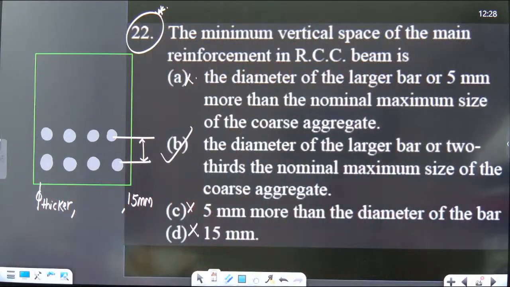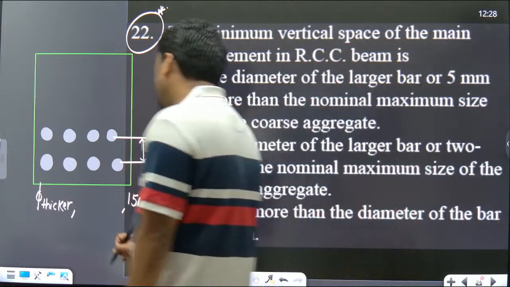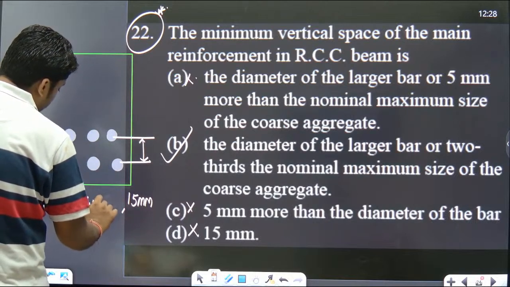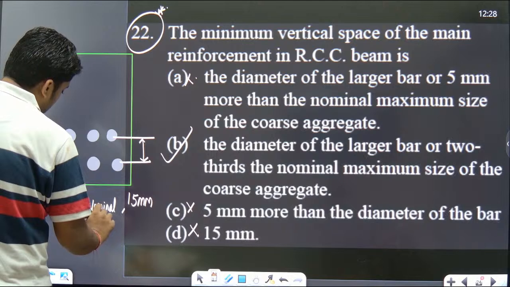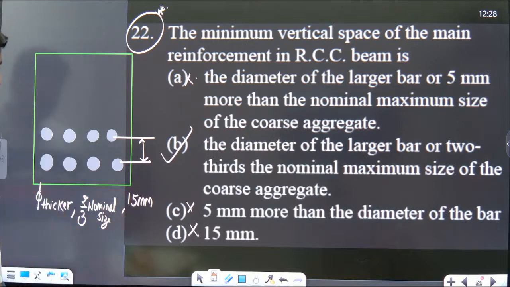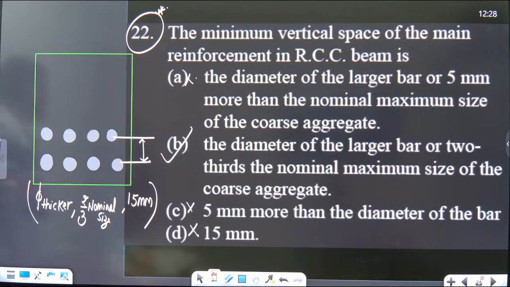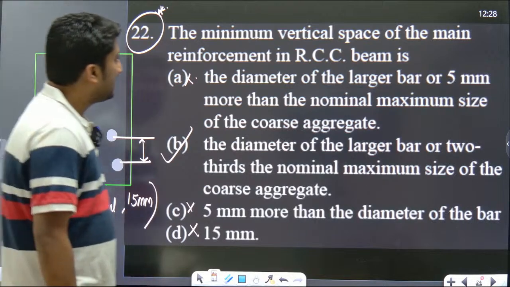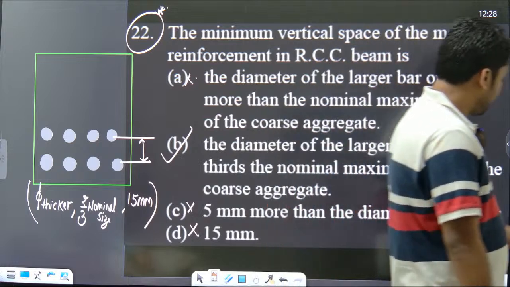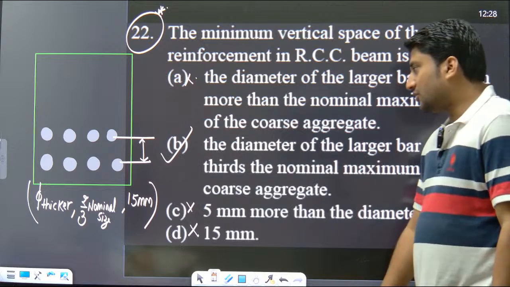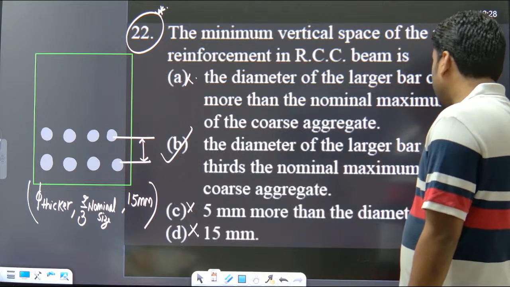As well as the third value is 2/3 of the nominal size of the coarse aggregate. So among these three values, the maximum value you have to take. Understood everyone? Yes or no? So the correct answer is option B.